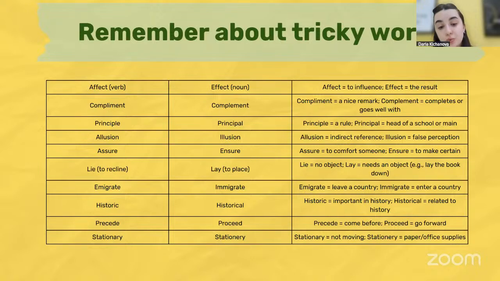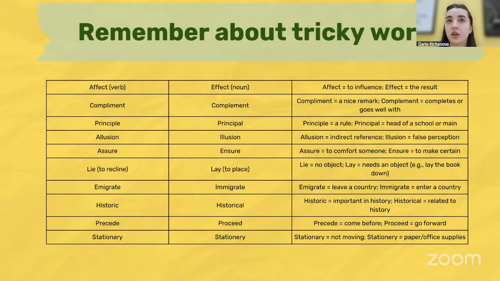Next, allusion and illusion. Here the same one letter, but how it changes the whole meaning of the word. So allusion, it's indirect reference to something.